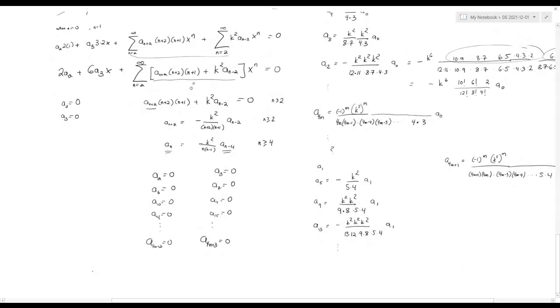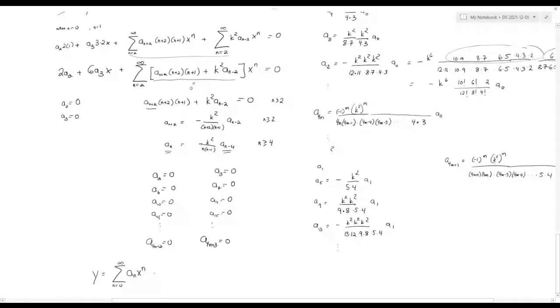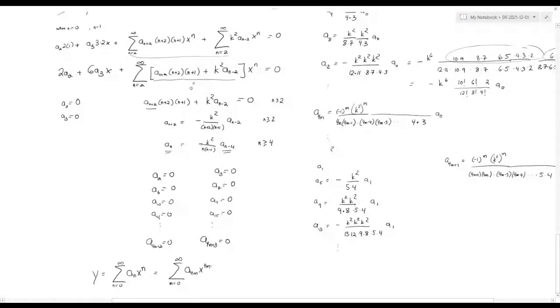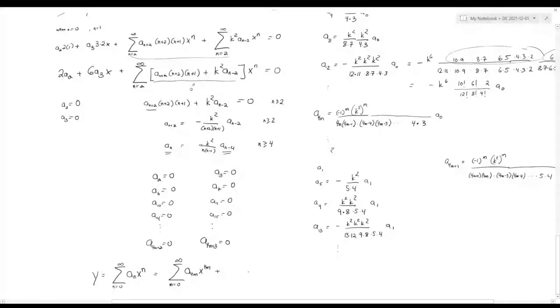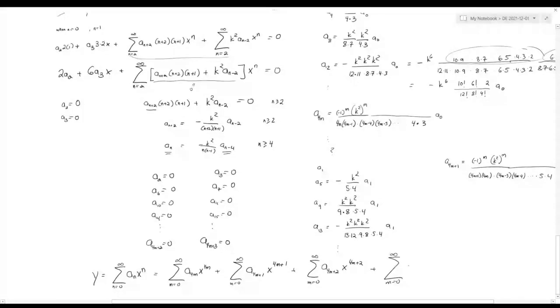All right. So now we've said that our solution is the series, but we should probably split this up into, well, I'll do it 4. So you're going to have where all the indices are multiples of 4, all the indices are multiples of 4 plus 1, multiples of 4 plus 2, multiples of 4 plus 3.